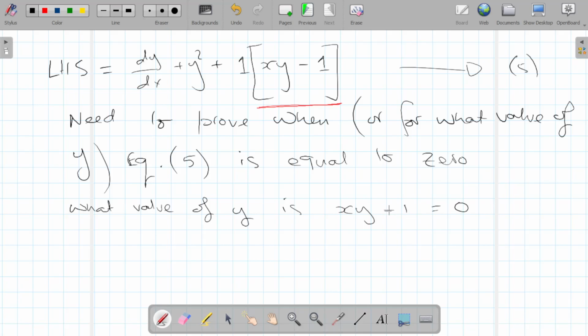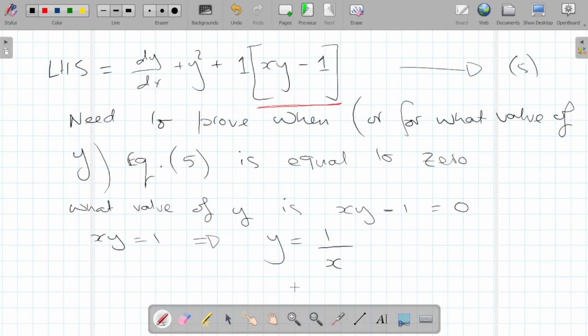Well, it's quite simple. If you've done GCSE mathematics or any kind of high school mathematics, then you'll soon be able to ascertain that xy is equal to 1, implying that y is equal to 1 over x.